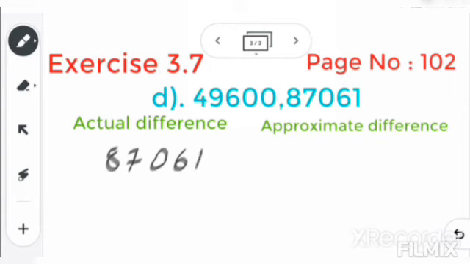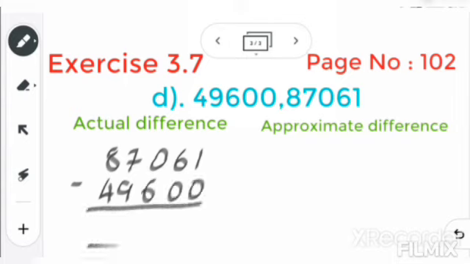From here I am going to minus 49,000. Okay, I have arranged the numbers.